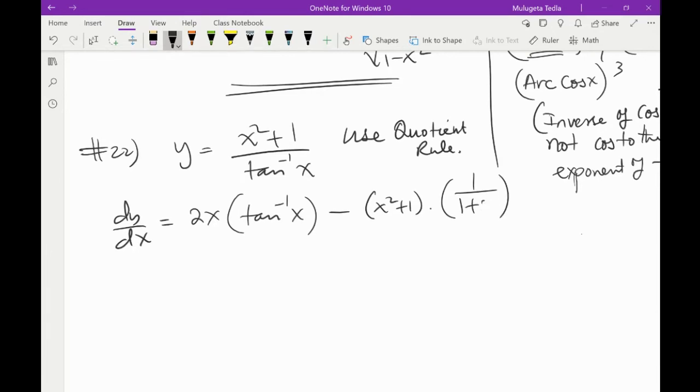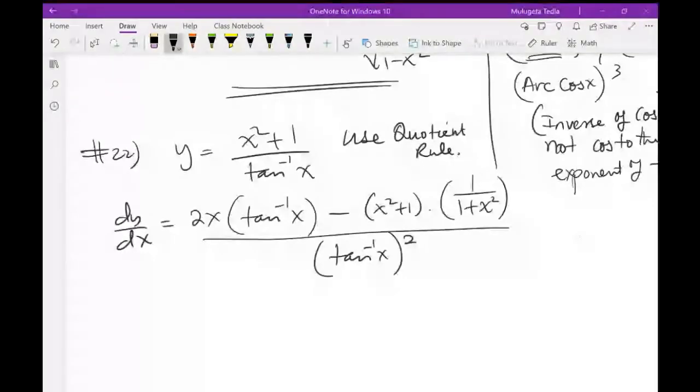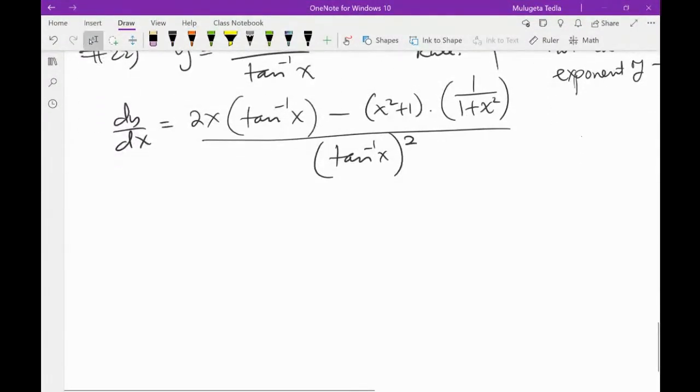Your angle is x. That is the derivative of tan inverse of x, divided by tan inverse of x squared. See, we have even tan inverse of x squared here right now, because of the process.